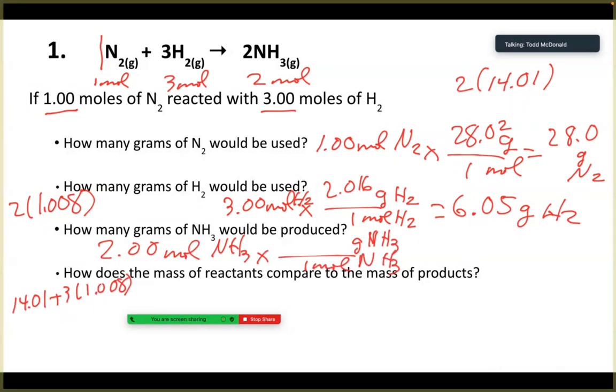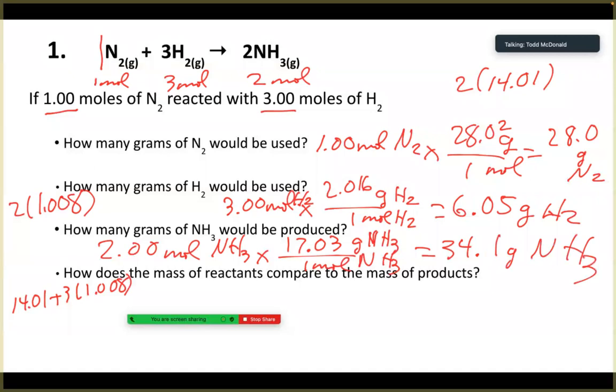See what the calculator tells me, 14.01 plus 3 times 1.008. That gives me a total of 17.0, I'm just going to round it to 3 sig figs. If I take that and multiply it by 2, this turns into 34.07 if I went to the hundredths place, right? Technically with sig figs, I'd back it up 1. I'd go 34.1 grams of NH3 because of sig figs.